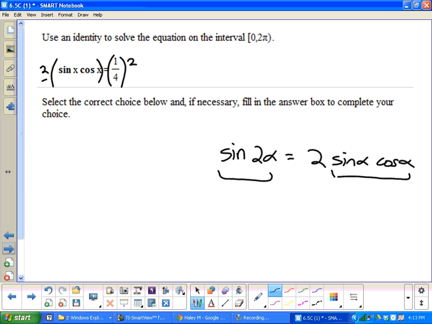So now I get 2 sine x cosine x, and I'm not going to distribute the 2 because it's not adding or subtracting. Equals, now 1/4 times 2, that would be, no, I'm sorry, 1/2. 2 goes into 4 two times, so that would just be a half. And now I've got my 2. So 2 sine x cosine x is sine 2x.